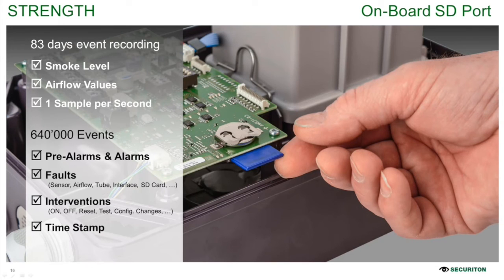Together with the smoke level concentration and the airflow values, which are stored every 1 second. So you can retrieve this information in an Excel format, which is stored on this SD card, and you can read and evaluate the ASD if you want to study the events as well.